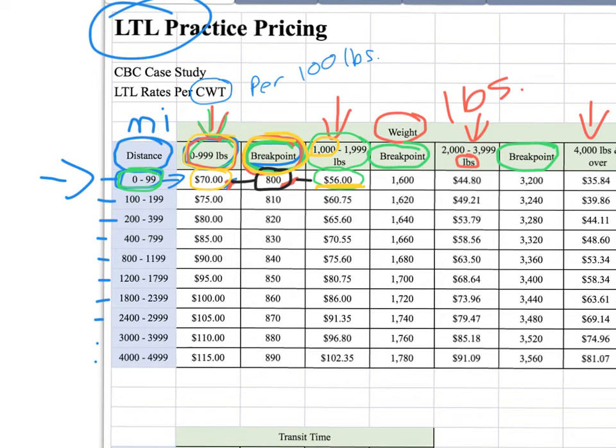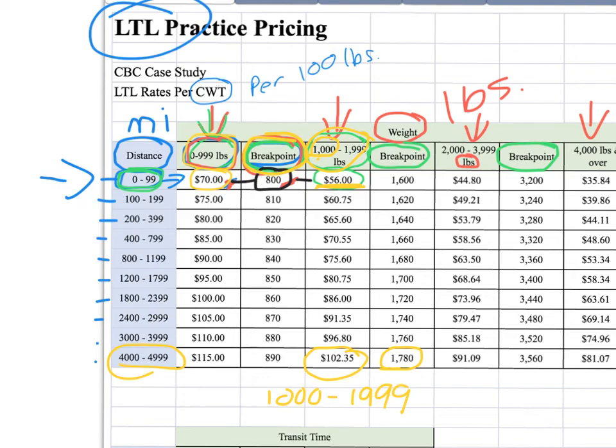So for instance, if I move down to the bottom of the table, in the 1,000 to 1,999 pounds bracket, we see an example here. If we're moving 4,000 miles, we may have a rate of $102.35. Remember, this bracket says anywhere between 1,000 and 1,999 pounds. But the breakpoint listed just to the right of it says 1,780 pounds.